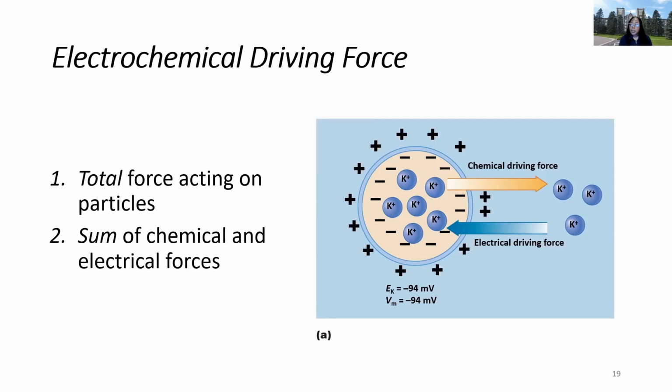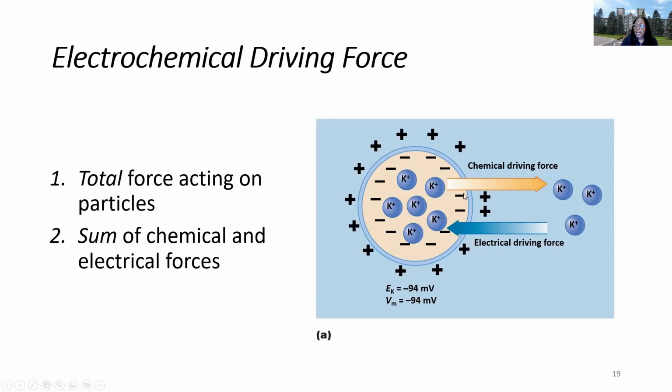While we speak about them as separate forces, in physiology, your body doesn't separate these forces. It's one force. They are caused by different factors. That's why we separate them out to describe them further. But in actuality, it's the electrochemical driving force, compounded, acting on any one particle. So it's the sum of these two forces that are acting on a particle.